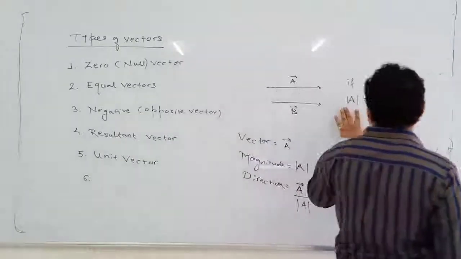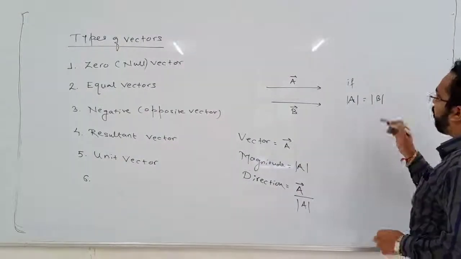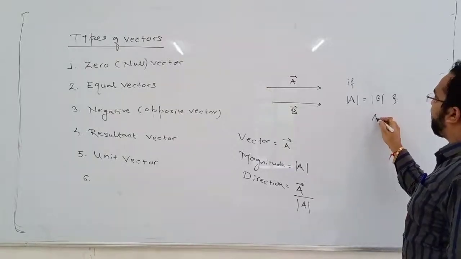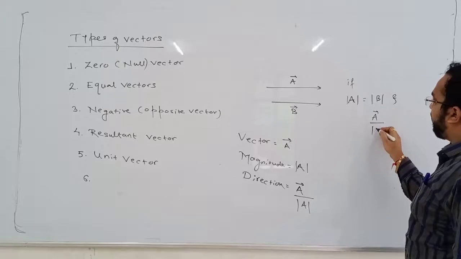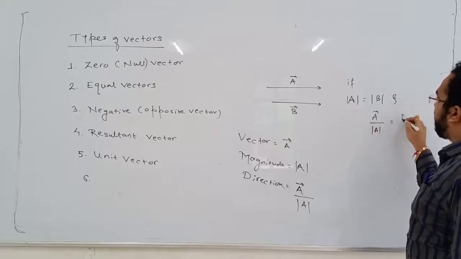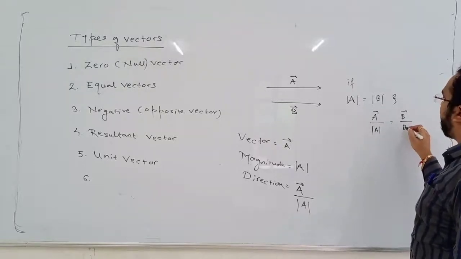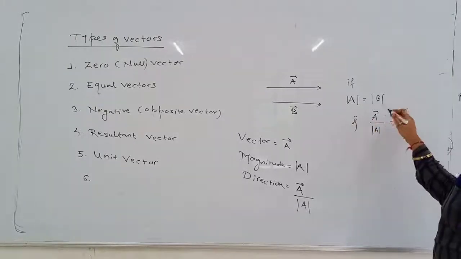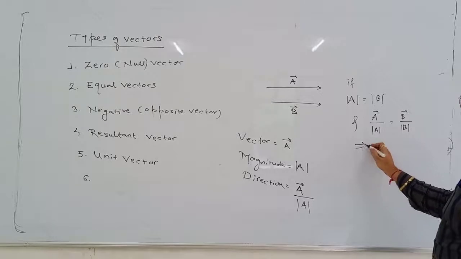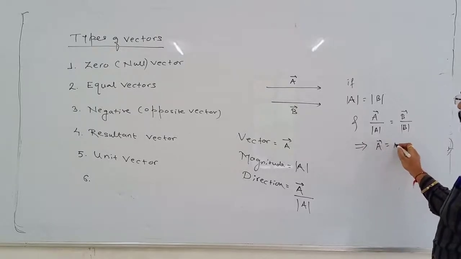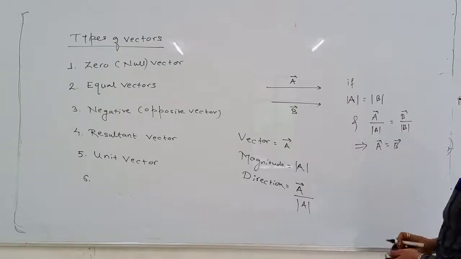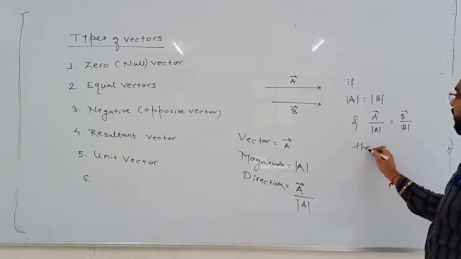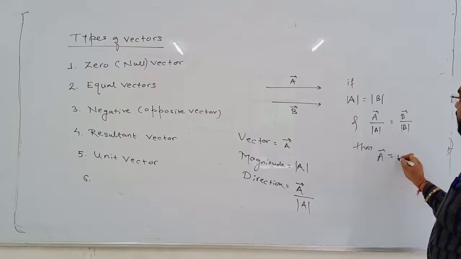So if magnitude is same and direction is also same, the direction of vector A is equal to the direction of vector B. Ultimately, this tends to vector A is equal to vector B. Then we can say vector A is equal to vector B.